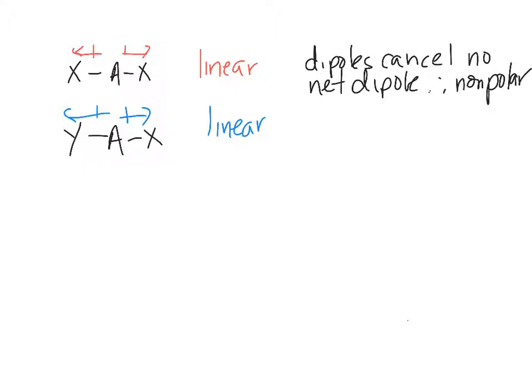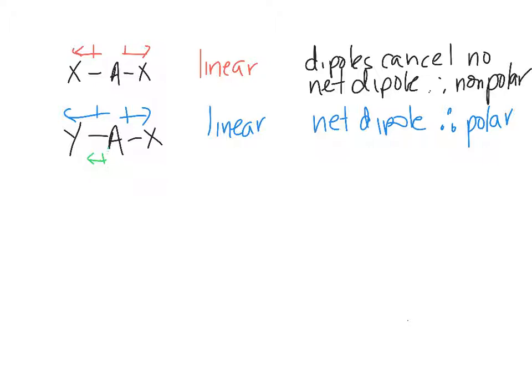They're not going to cancel. So net dipole, therefore polar. So on this one, the net dipole is going to be towards Y because it's bigger. Okay, so you've got a net dipole. That's a very bad arrow. Okay, so net dipole.